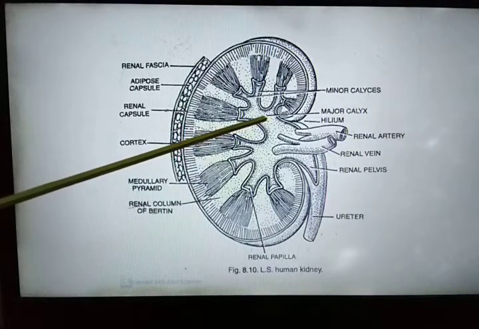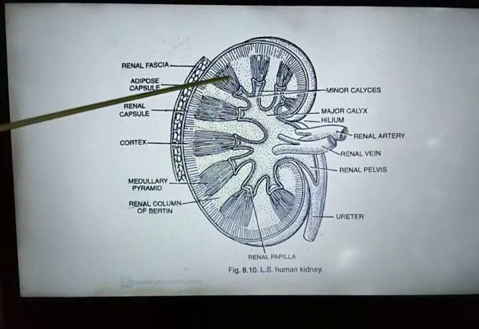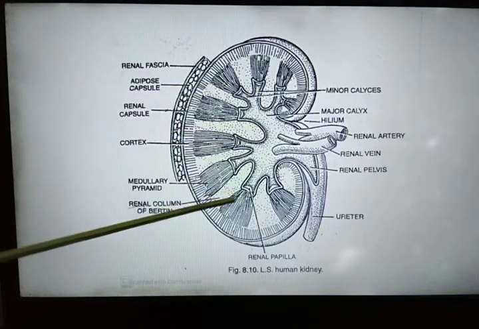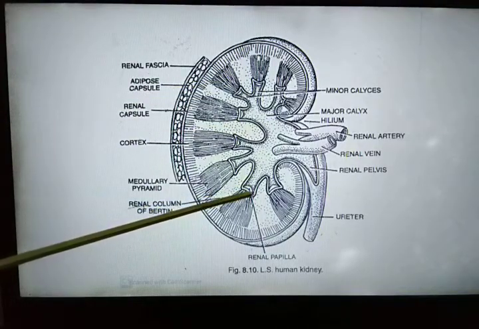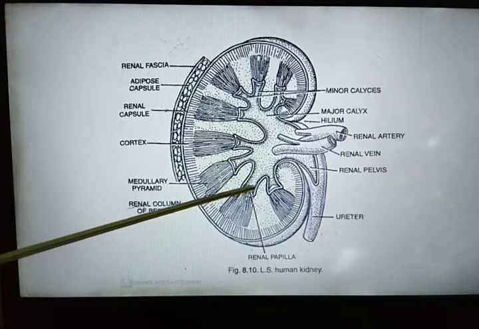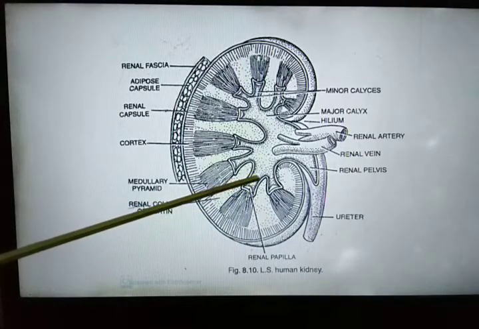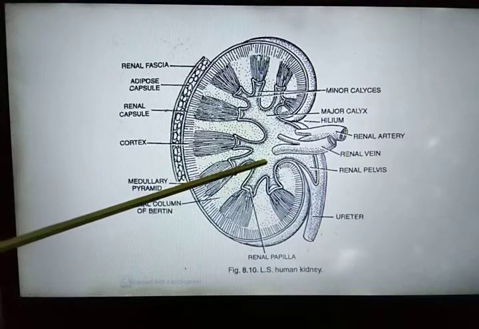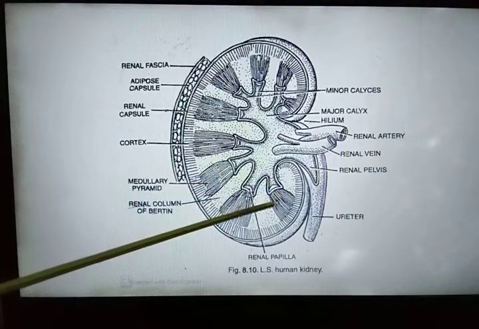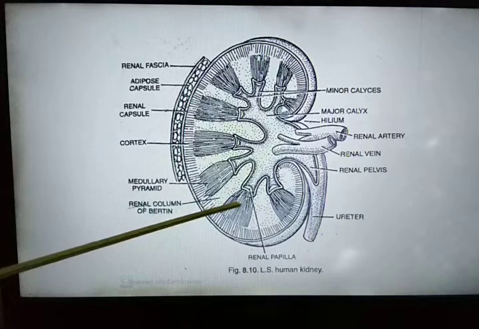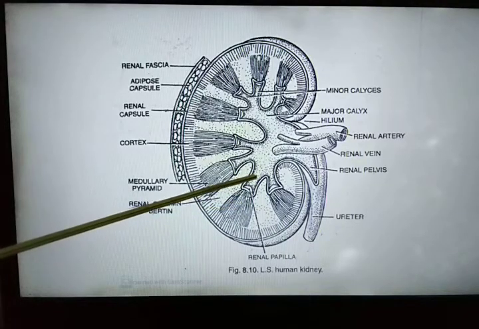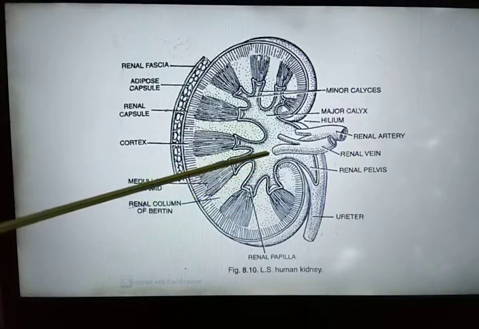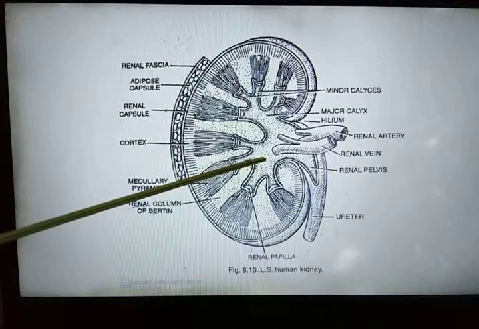I hope it is clear to everyone that medullary pyramids first open into the renal papilla, then the renal papilla are connected with the minor calyx, and the minor calyx lead into the major calyx. 15 to 16 are the medullary pyramids, 7 to 13 are the minor calyx, and 2 to 3 are the major calyx.